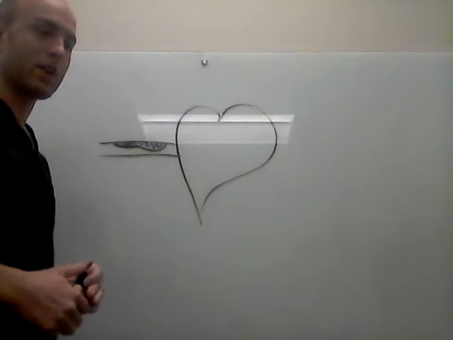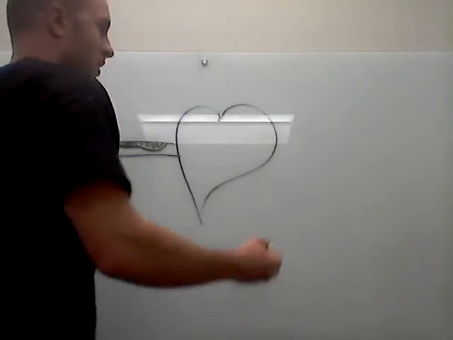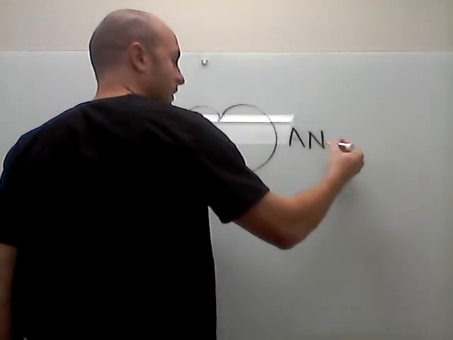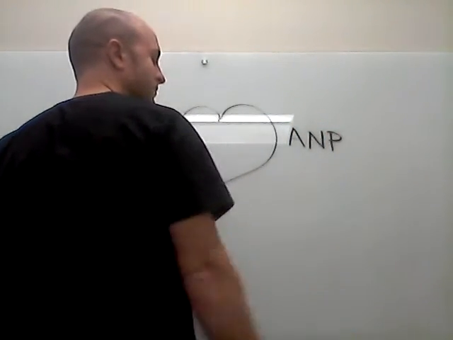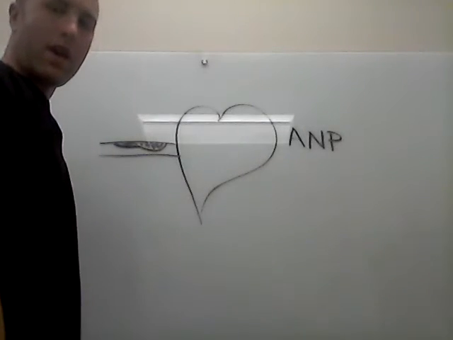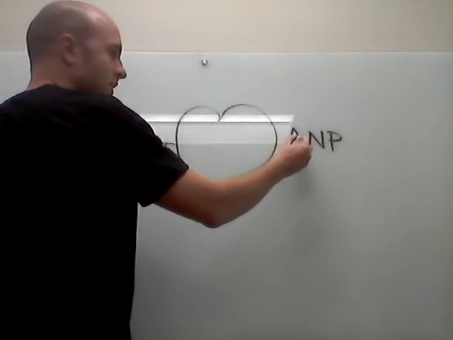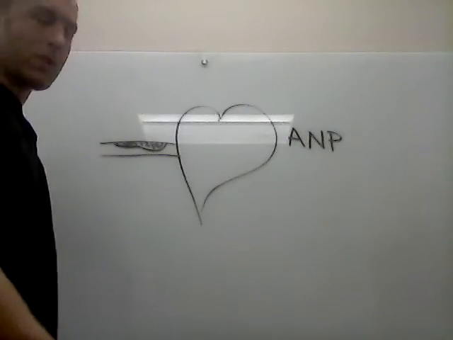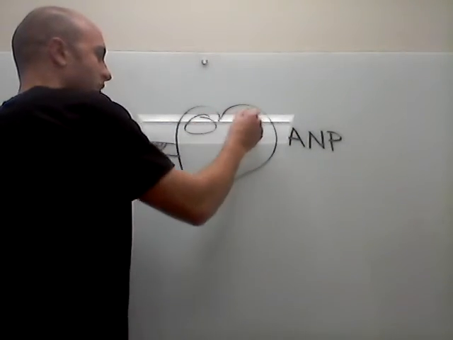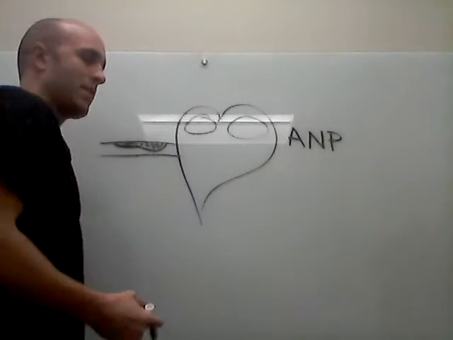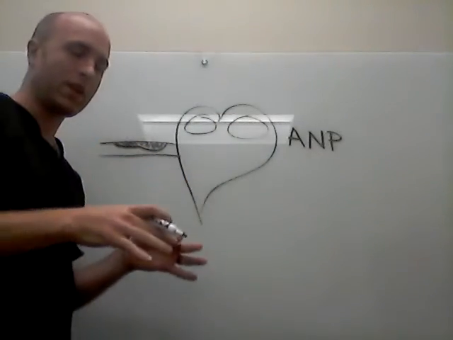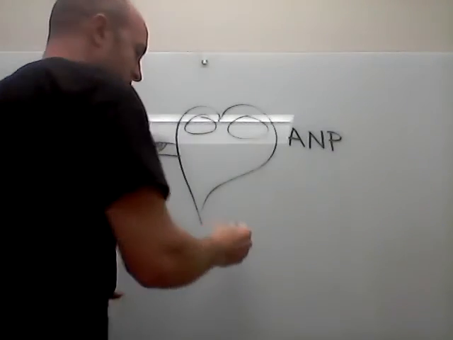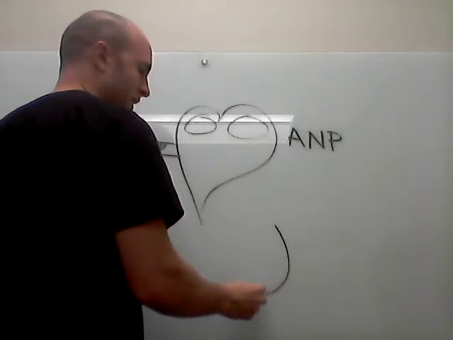And it sends out something called atrial natriuretic peptide, okay? It's called natriuretic peptide, and these are the atria, so it comes from the atria, and it goes down into the renal system, down here in your kidneys, okay?